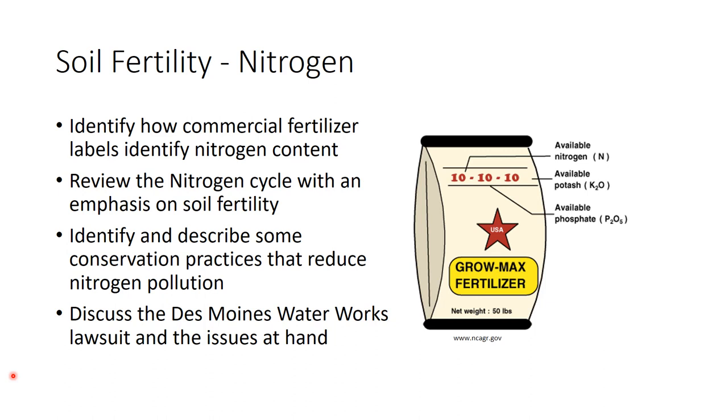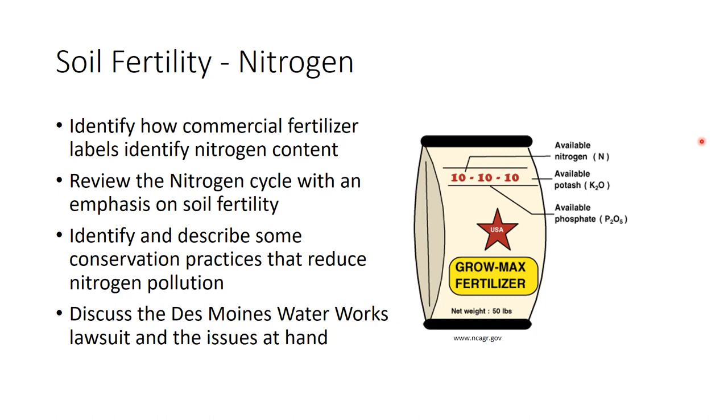Alright, now before I move on, we have this generic 10-10-10 bag of fertilizer, and I want to point out for our first learning objective that whenever you're looking at a commercial fertilizer bag, there's always three numbers, and the first of those three numbers on the far left is the nitrogen content.